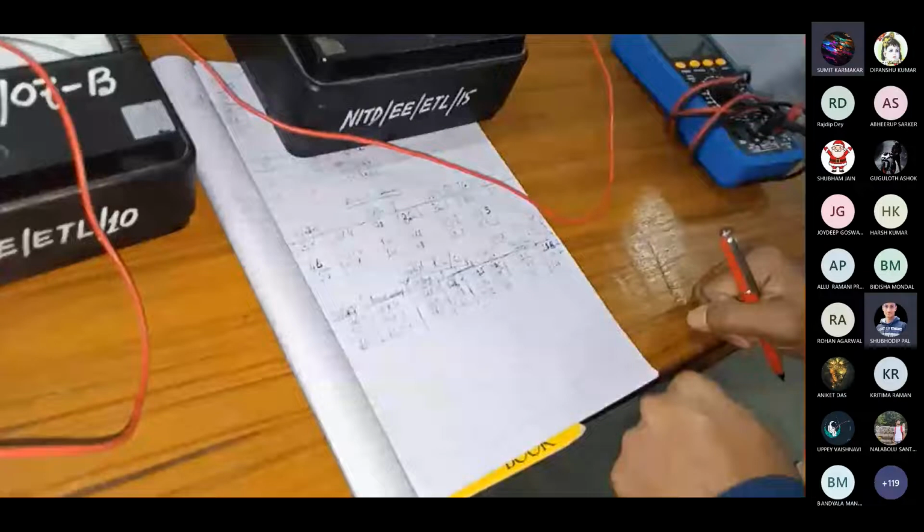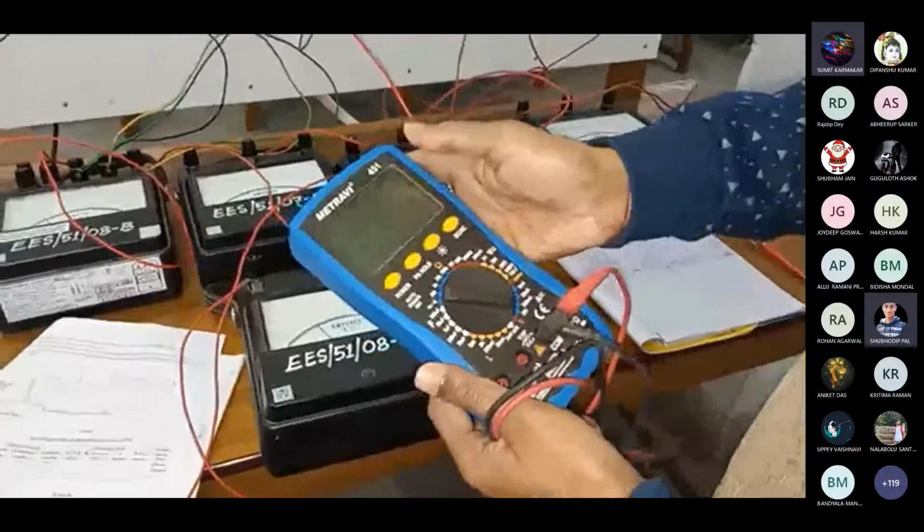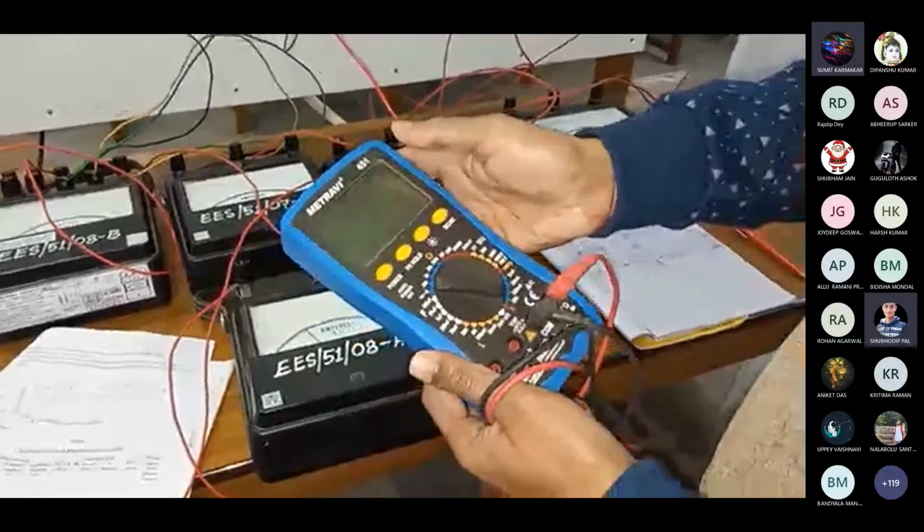All right. Now let me demonstrate, though the voltage is not required here, just how to measure the voltage. Say how to use this multimeter. See, a multimeter can measure a lot of things, right? Inductance value, capacitance value, current value, then the voltage value. So we have to measure the voltage.